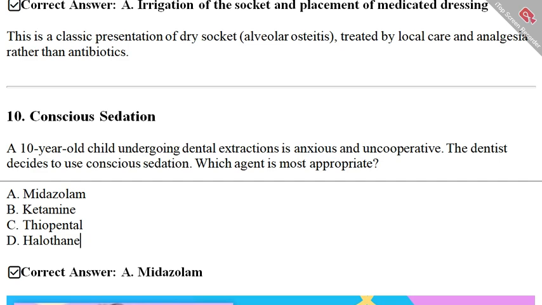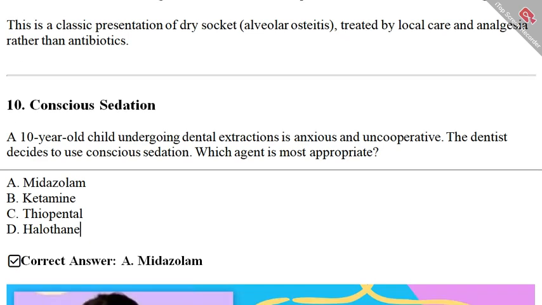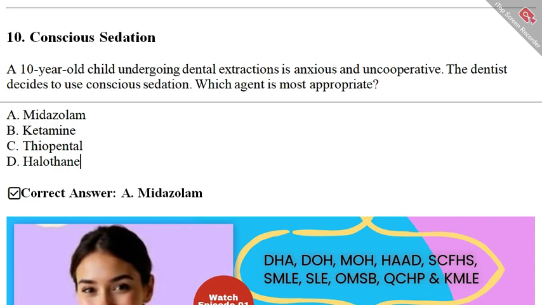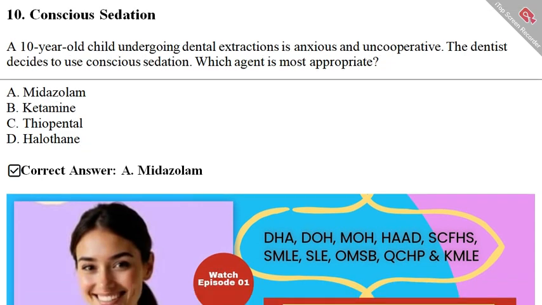Which agent is most appropriate? Option A, midazolam. Option B, ketamine. Option C, thiopental. Option D is halothane. The correct option is option A, midazolam.